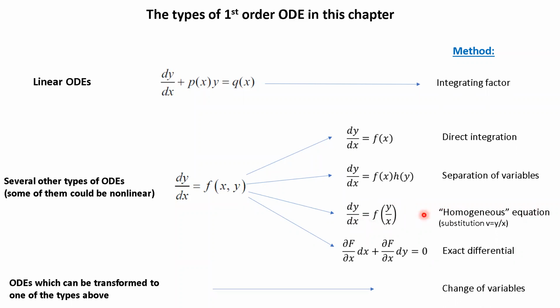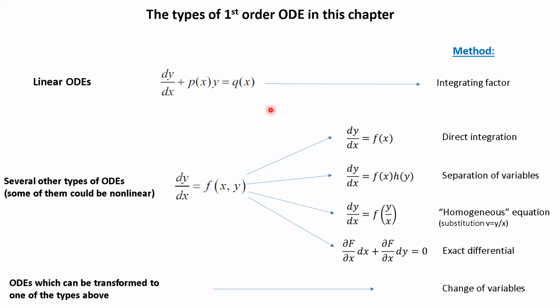Unfortunately, later you will also learn another type of ODE, which is also called homogeneous equation. But don't be confused. The name homogeneous has been used twice for two different types of equations, but I'll clarify again when we get there. Then this fourth type is known as the exact differential form.